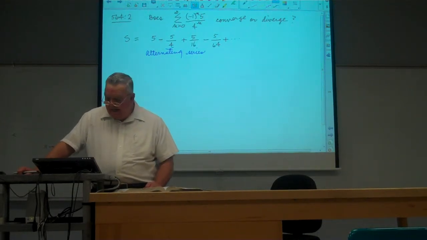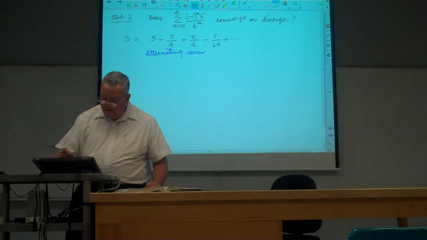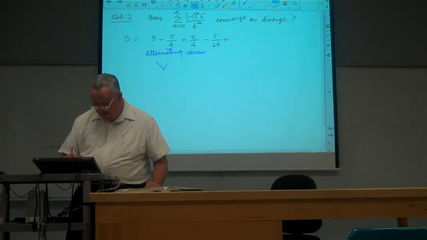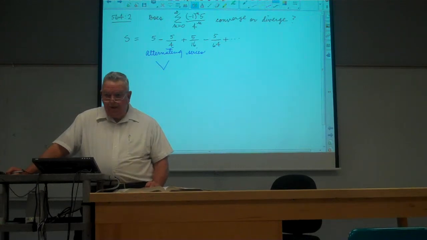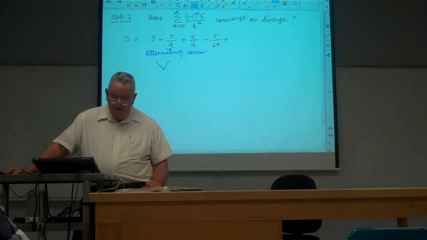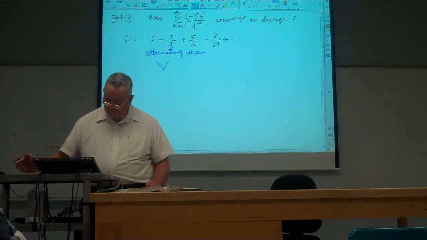Okay? Now, here's what I want to know. Take those two terms and tell me, what did I multiply the first term by in order to get the second term? Negative 1/4.